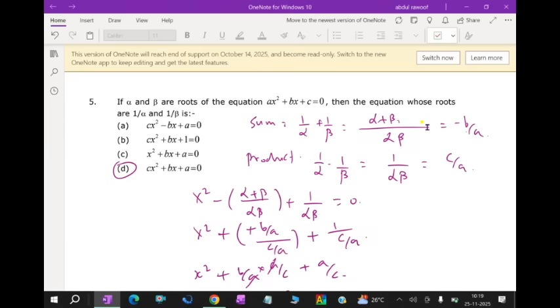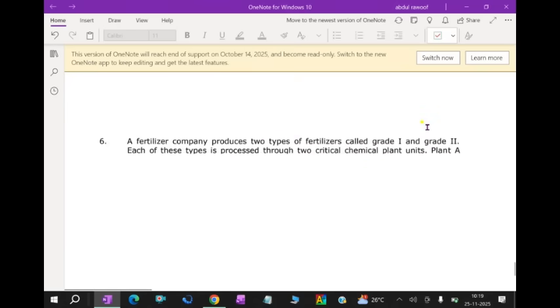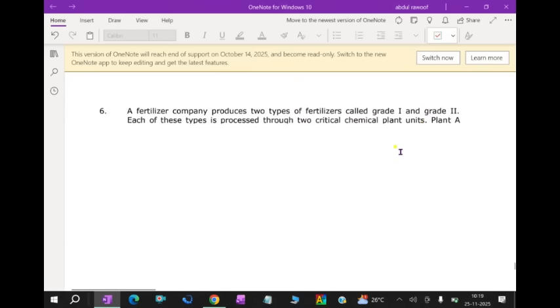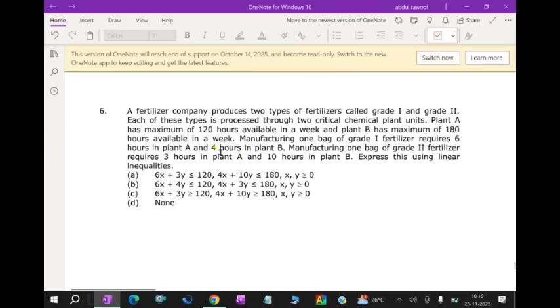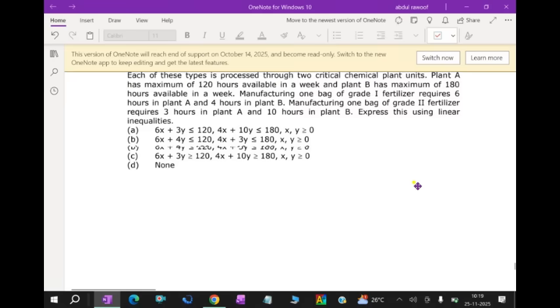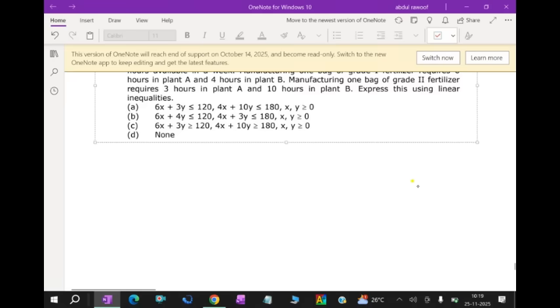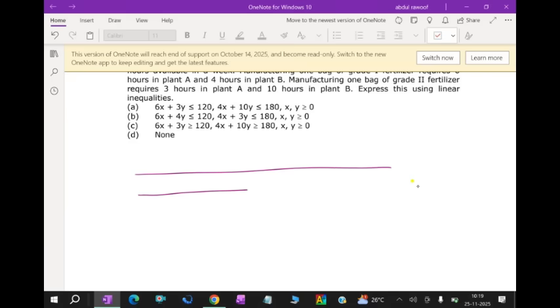Then next question number. A fertilizer company produces two types of fertilizers. Then we'll make the small table. Look at here.